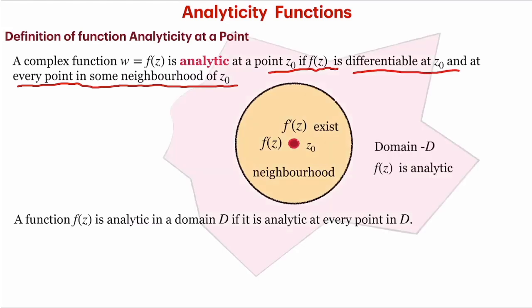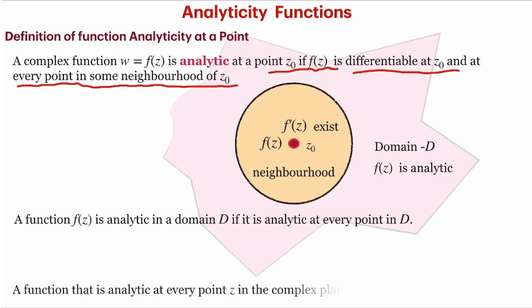So we can extend this to a larger region. Then we have a domain, and it should be analytic at every point in the domain. That means at every point in the domain we should be able to construct a neighborhood such that f of z and f prime of z exist. So that is what we say it is analytic in the domain.